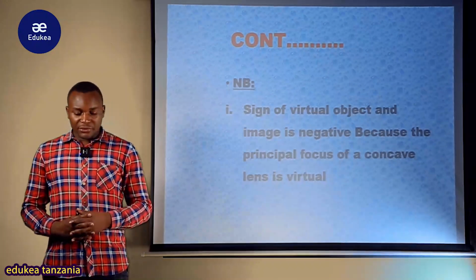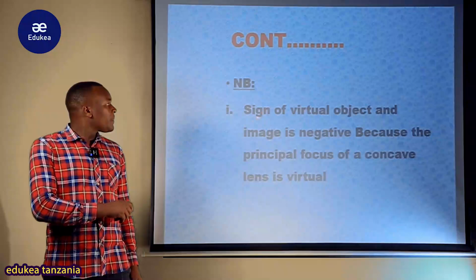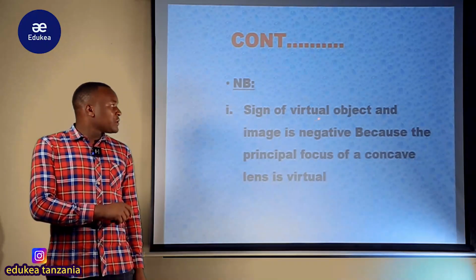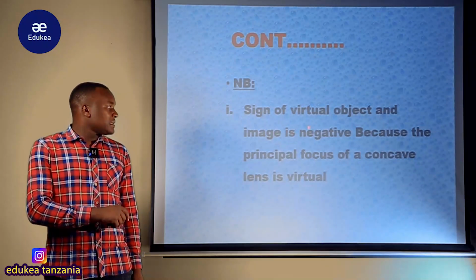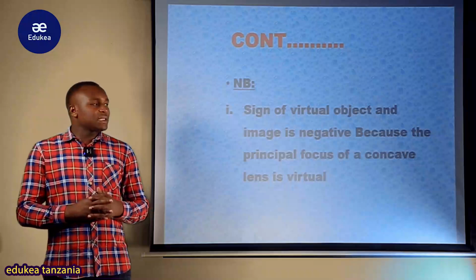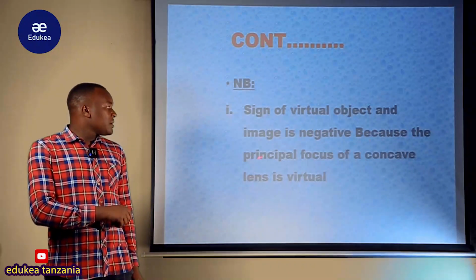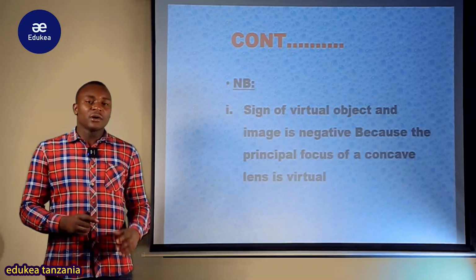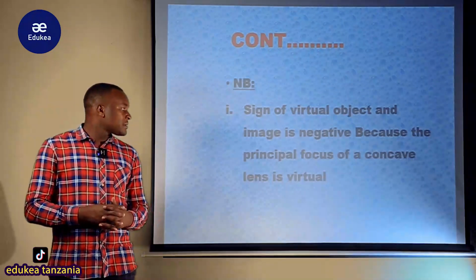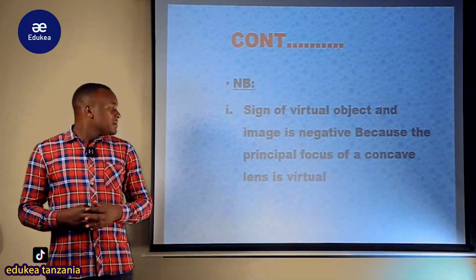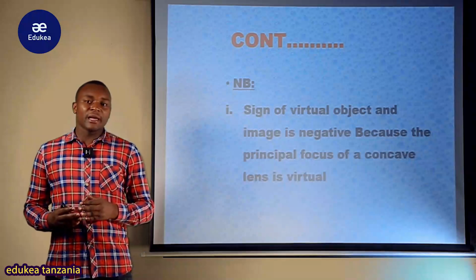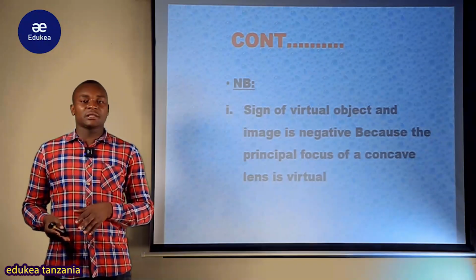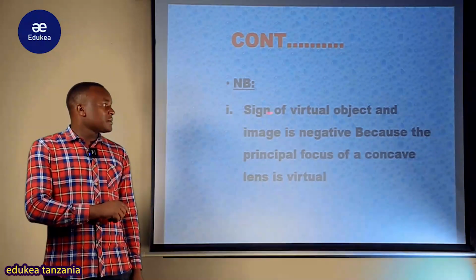So something to note, we say that sign of visual object and image is negative. Why it is negative? The reason is here, because the principal focus of a concave lens is visual. That's why image distance and object distance are negative in sign.